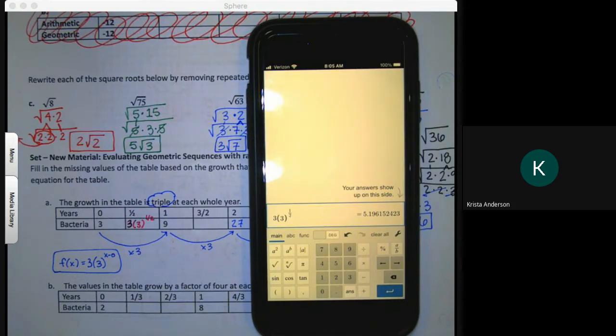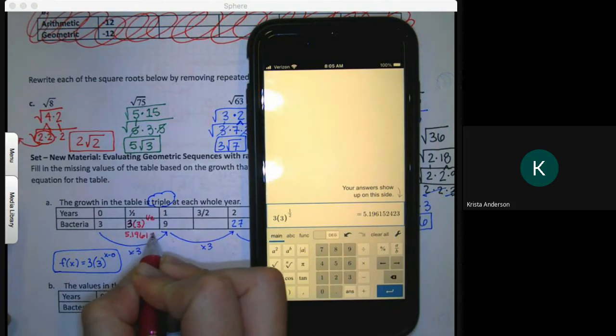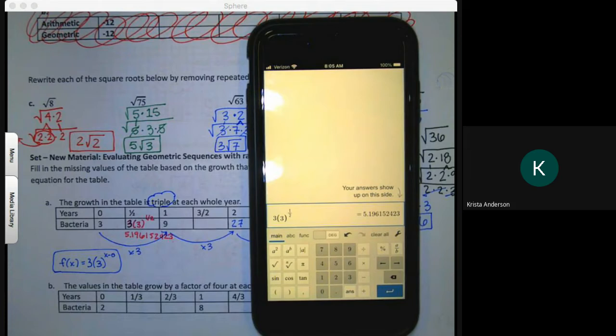I can enter it as this, or I can enter it in as a decimal. So you could pick. I can type this or 5.196152423. Why do you think I would pick that way over the decimal way, personally? I think it's faster, yes.